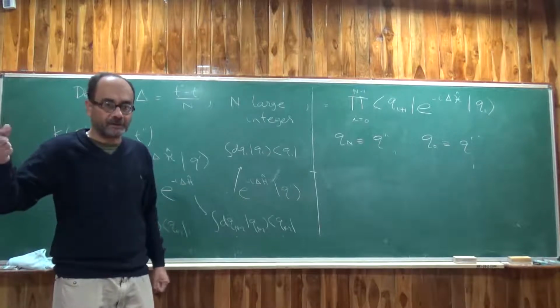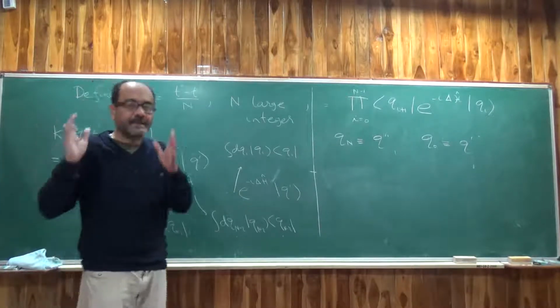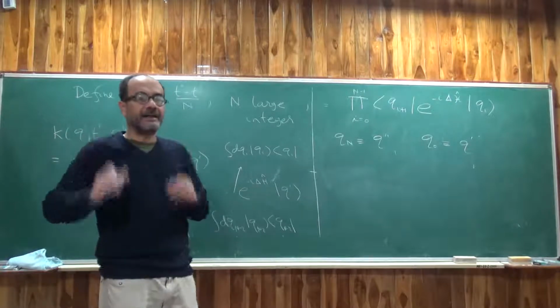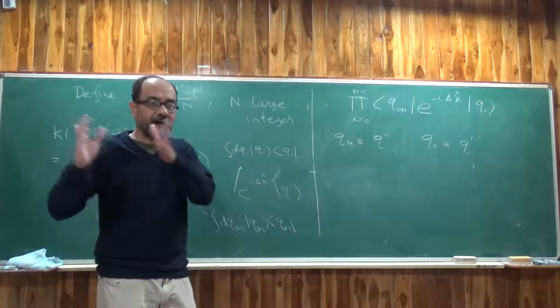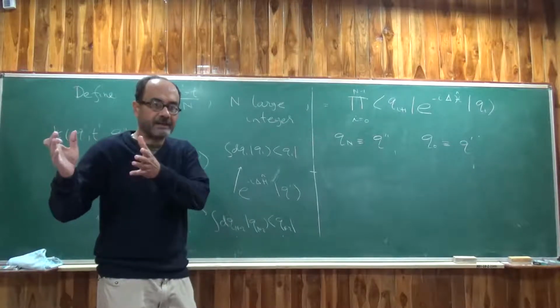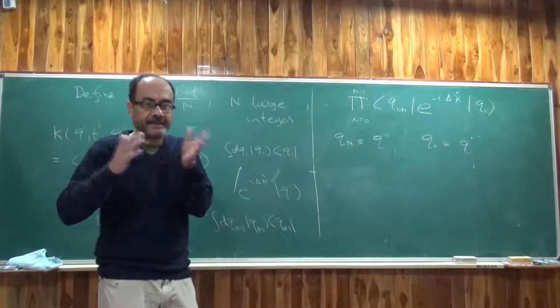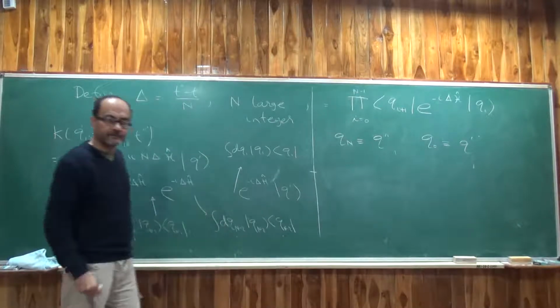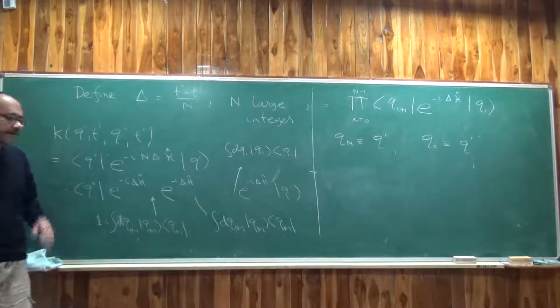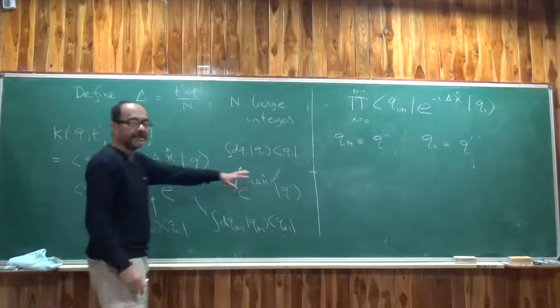That would have been the wrong expression. Formally you can still write it if you take it as understood that it's always time ordered. The earliest h's act first, then the later h's and so on. That's equivalent to this. But as I said, just to avoid complication, I am taking h hat to be time independent.